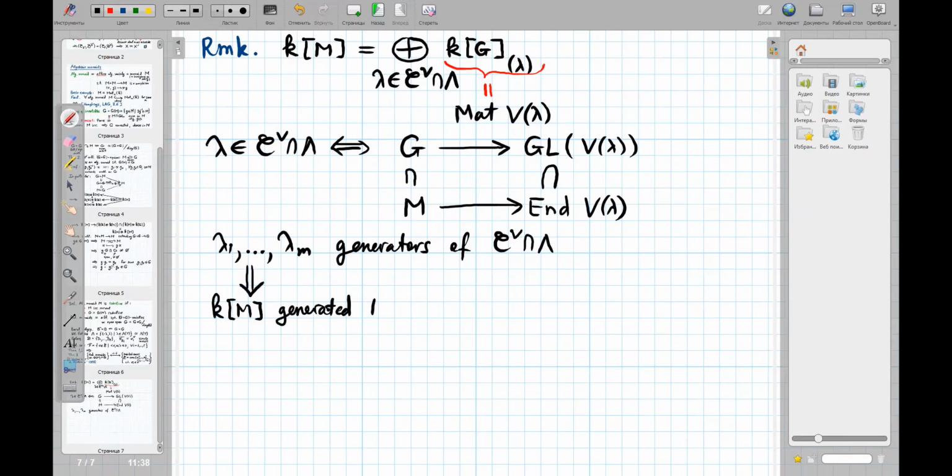So generated by the direct sum of matrix entries of V of lambda 1, etc., V of lambda m. So if these lattice vectors generate the semigroup of lattice vectors in C check, then the respective irreducible submodules generate the coordinate algebra. By the way, the converse implication doesn't hold. Let me just mention that the converse implication doesn't hold in general.